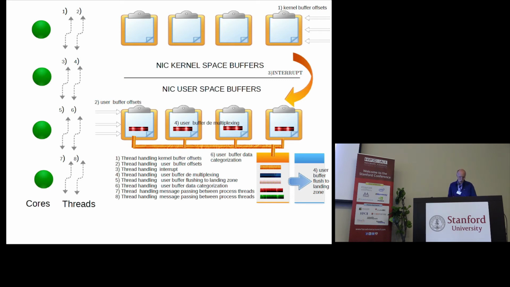Now, why do I want to do that? Because once I've got the data in my user buffers, I'm going to use the cores of, say, Skylake or of an NVIDIA GPU.